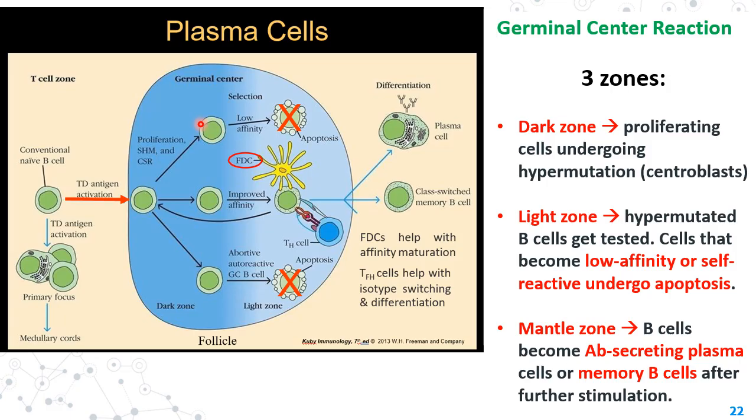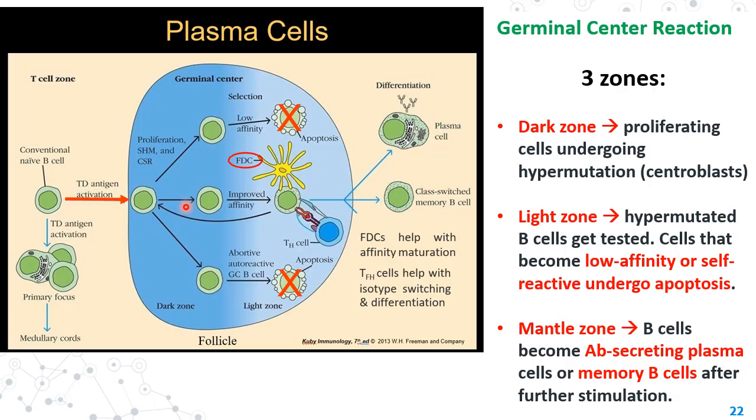That's simple. What is happening in the dark zone? You are going to have a B cell that has seen antigen, so it's not naive, it's an experienced B cell, and the B cell is going to proliferate a lot. Besides that, you're also going to do some hypermutation of your B cell.